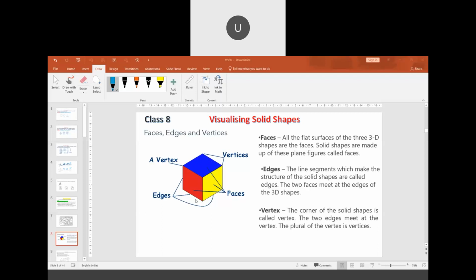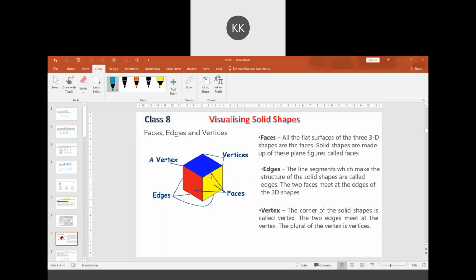So 4 plus 4 is 8. 8 plus these two considered is 10, plus these two opposite faces, 12. There will be 12 edges when we take the solid, and when we count it, we will come to know easily that there are 12 edges.